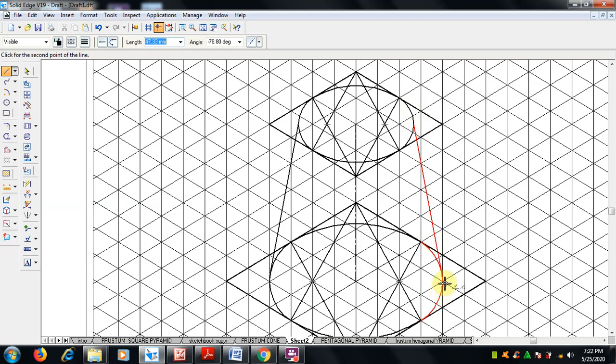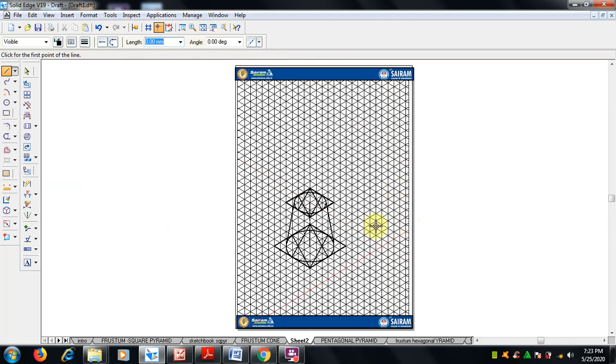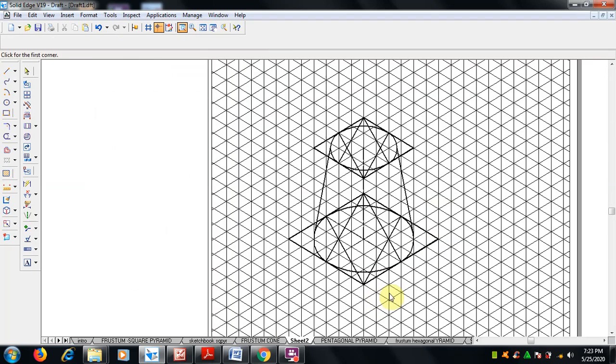Okay, so this is how we can draw by using your sketchbook. Now this is done. So you can erase whatever is not needed, or highlight. You can draw very thin lines of this.